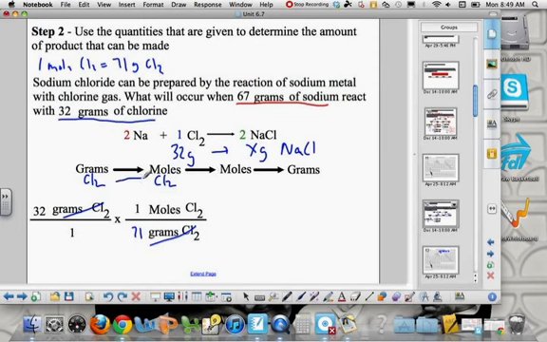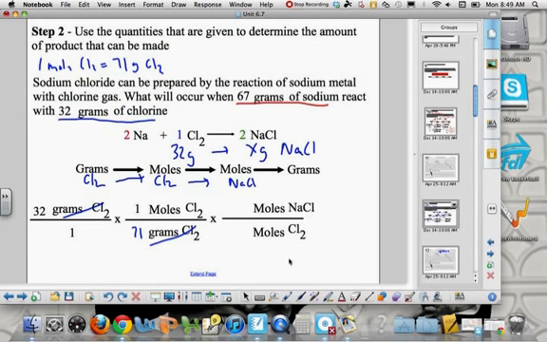Now I want to take that next step and change these moles of Cl2, and I want to try to get to what I'm solving for, which is the sodium chloride. So I want to change my moles of Cl2 into moles of sodium chloride. So I'm going to have to multiply by another conversion step here. And I had the moles of Cl2 up on the top, so I want to put that down on the bottom of the next step. And I want to change this now to the moles of the sodium chloride, which is what I'm trying to solve for.